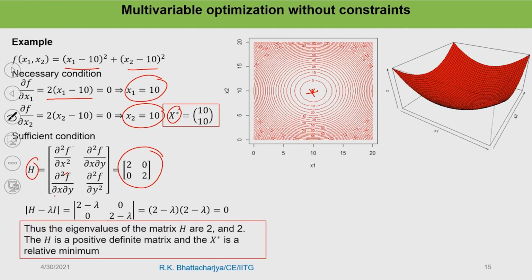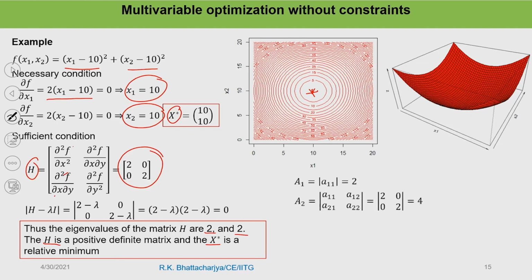The eigenvalues of this Hessian matrix are 2 and 2, which means both are positive. Therefore, the Hessian matrix is a positive definite matrix and x star is a relative minimum.